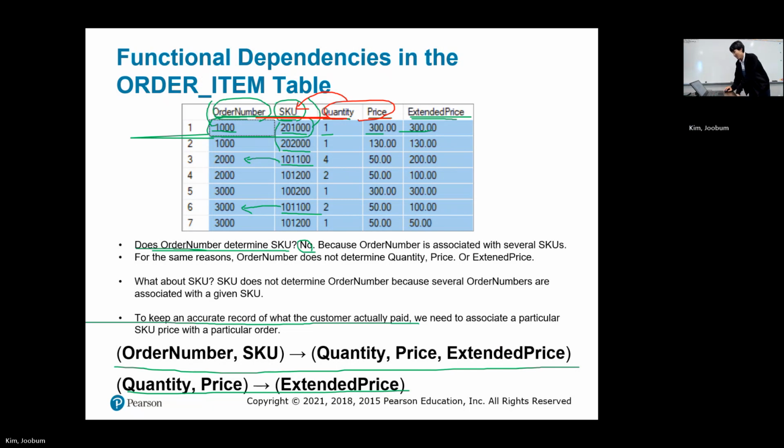Why? 1 and 300 are associated with 201000. But here, 1 and 300 are also associated with 100200. Multiple values are associated. So quantity and price do not determine SKU. Okay, so we can have those two functional dependencies.